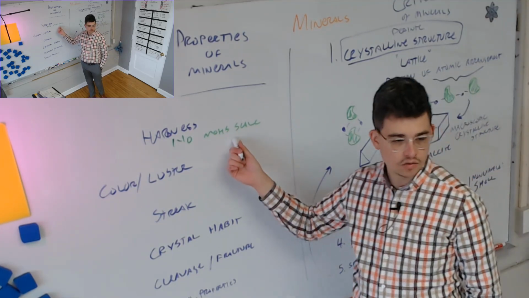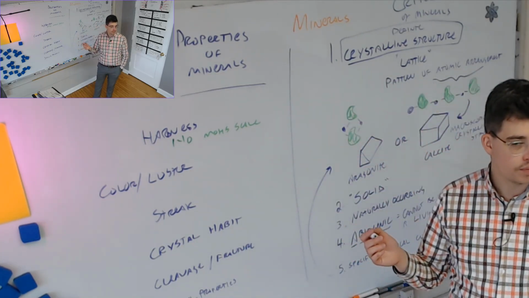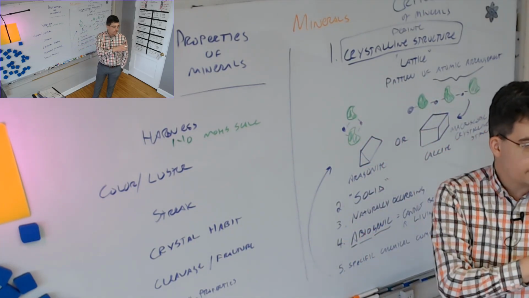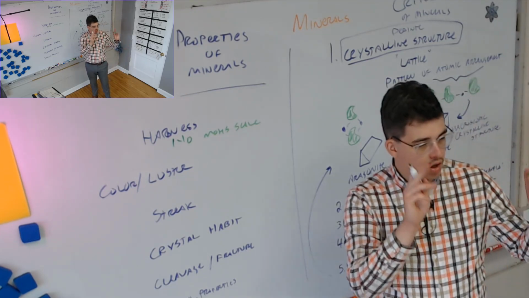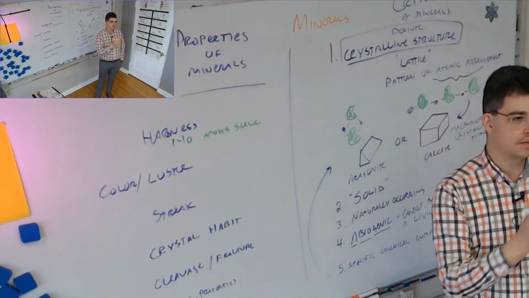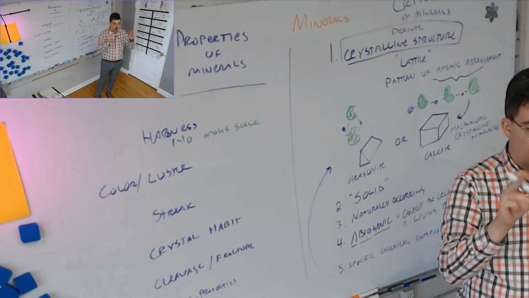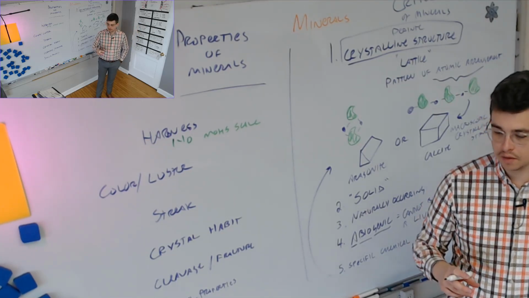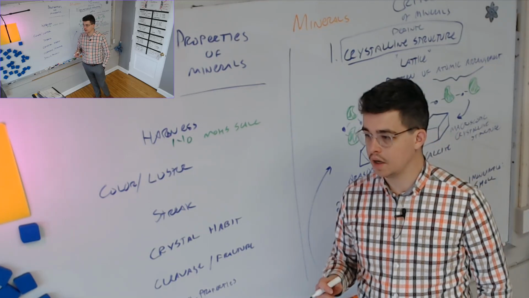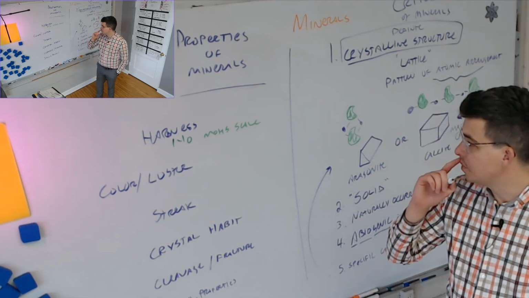The Mohs scale of mineral hardness is an arbitrary scale, where 1 is talc, historically considered the softest mineral, and 10 is diamond, the hardest, although that's not true either. There are man-made and naturally occurring objects that are harder than diamond. But we use the scratch.